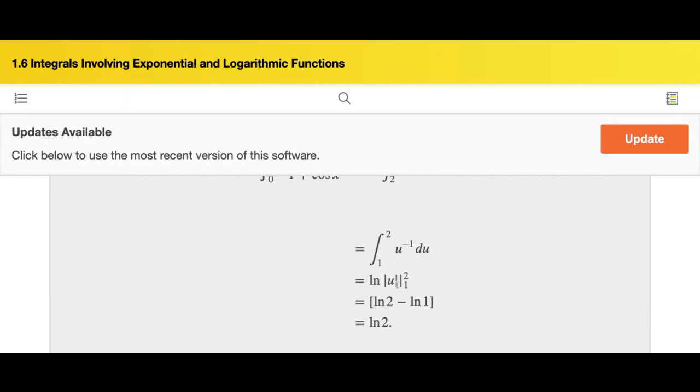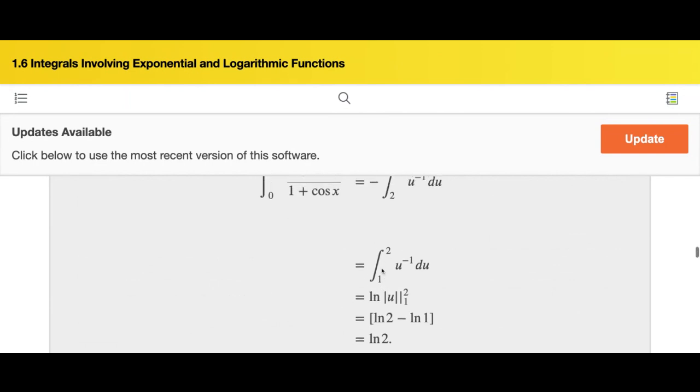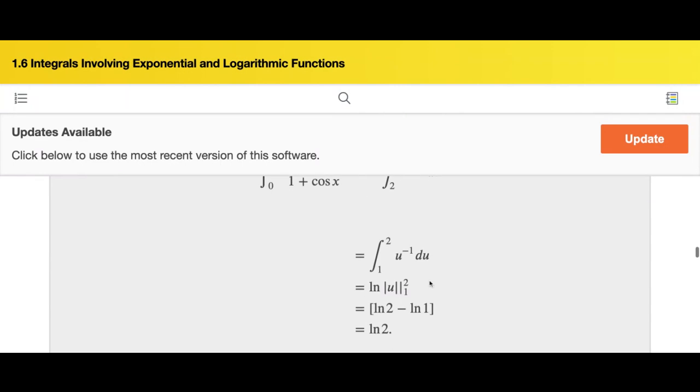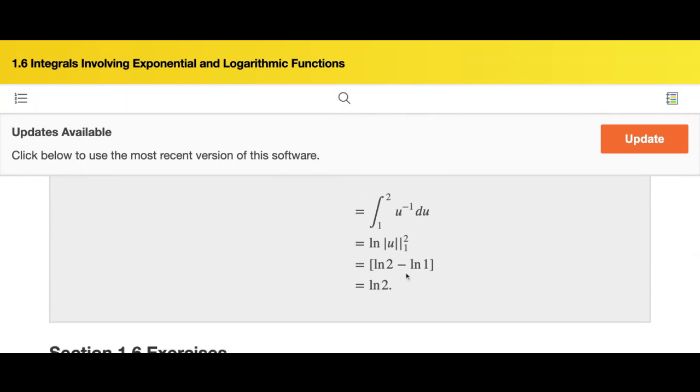Just ln absolute value of u, then we evaluate it from 1 to 2. If it's from 2 to 1, then we switch the upper limit and lower limit, so that gives this negative sign, because negative becomes positive. So we just get ln 2 minus ln 1. Well, what's ln 1? ln 1 is 0, so we just get ln 2.